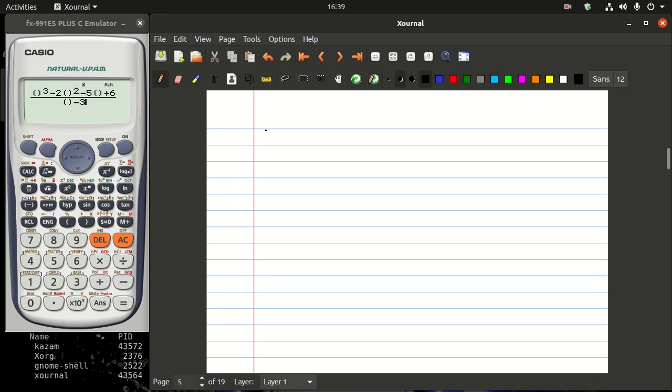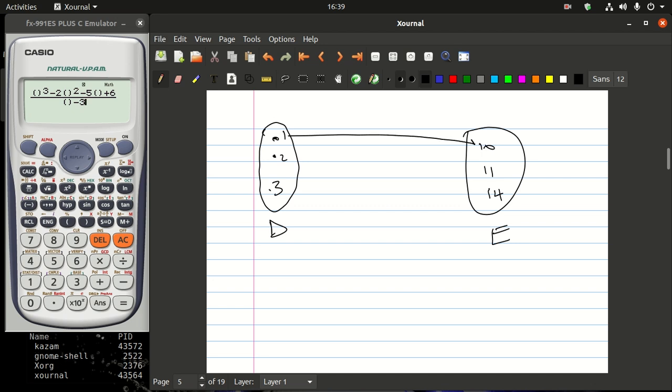Let's say you have a relation, this is a D, and this one here is an E. And these are the objects that are here. I'm just going to call them 1, 2, 3. And then here I have 10, 11, and 14. If each element here is mapped to one element there, and each element there is the image of only one element here, like 1 to 1, there is no element there which is an image of two things on this side.